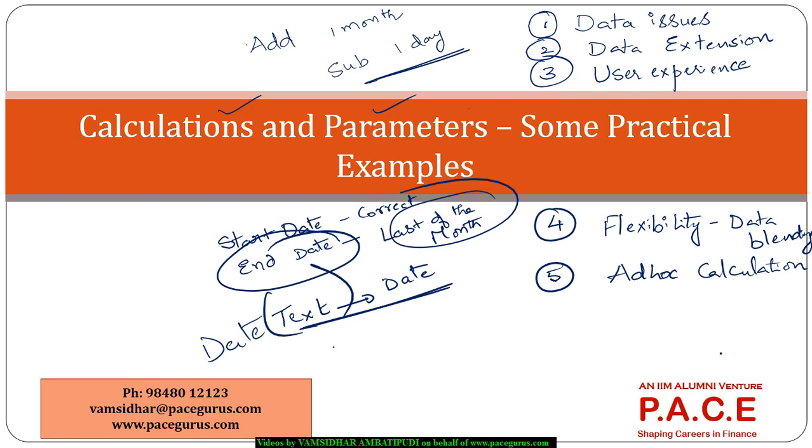So I am not correcting anything at the source level. From the source, whatever is coming at my Tableau level, by using some kind of calculations and formulas, we are able to bring out some kind of modifications so that we can use the data much better for our enhanced visualization mechanisms. Right?